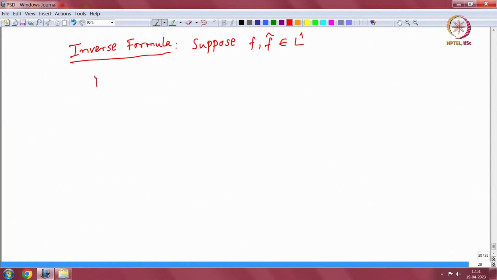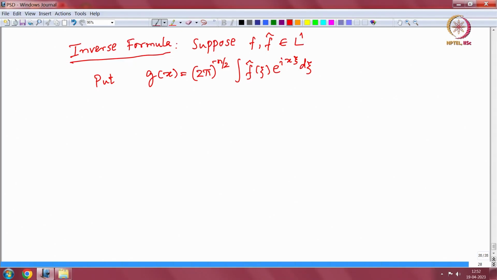So, put g of x equal to, again with that factor, the integral of f cap of j times e to the i x dot j dj. This certainly I can define, so there is no problem at all. Since we are assuming f cap is in L1, this integral certainly makes sense.